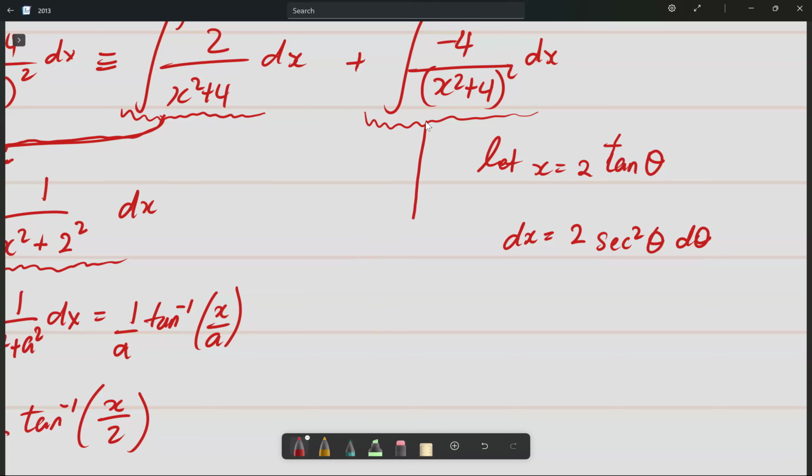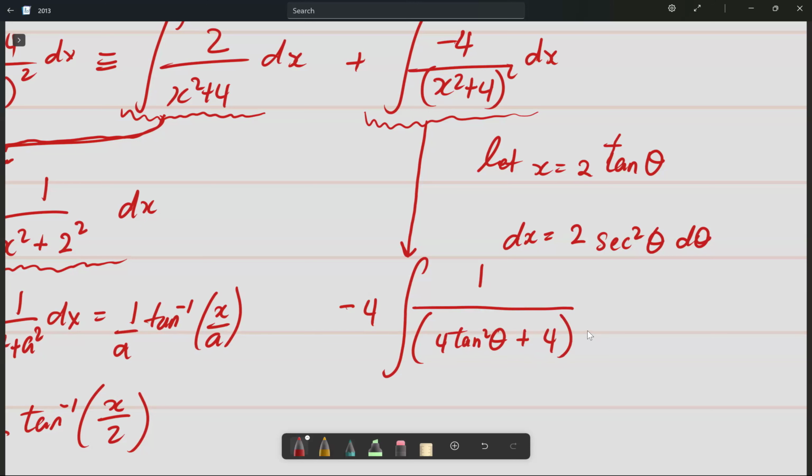So down here, we're going to replace everything so far. 4 goes outside, integrating 1 upon x squared is now 4 tan squared theta plus 4 all squared. The dx gets replaced with what we have here. So that's 2 secant squared theta d theta.